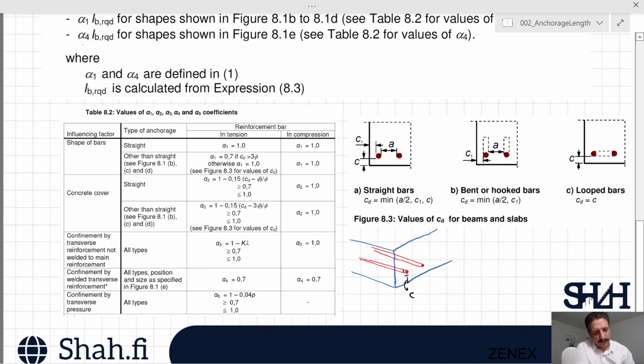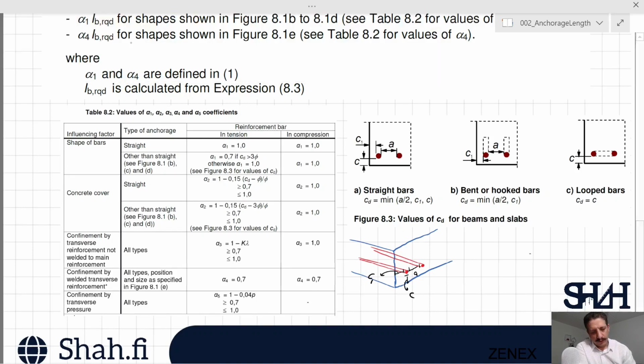And C1 is for the end member. A is the clear distance between two reinforcement. You can assume that the reinforcement diameter is 1.1 times the diameter of the reinforcement considering the ribs. And in A, we can calculate CD as the minimum of these three values, A divided by 2, C1 and C.